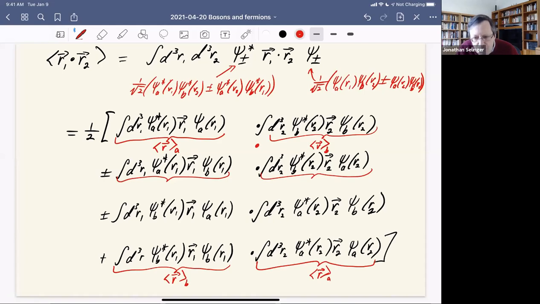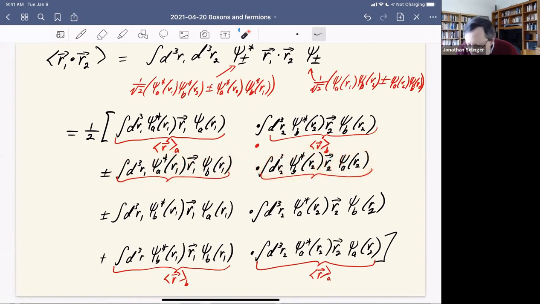This is an inner product of a wave function. Here's a wave function, operator, wave function. Wave function, operator, wave function. This is just like saying there's a bra, well, this whole thing is a bra, operator, ket.